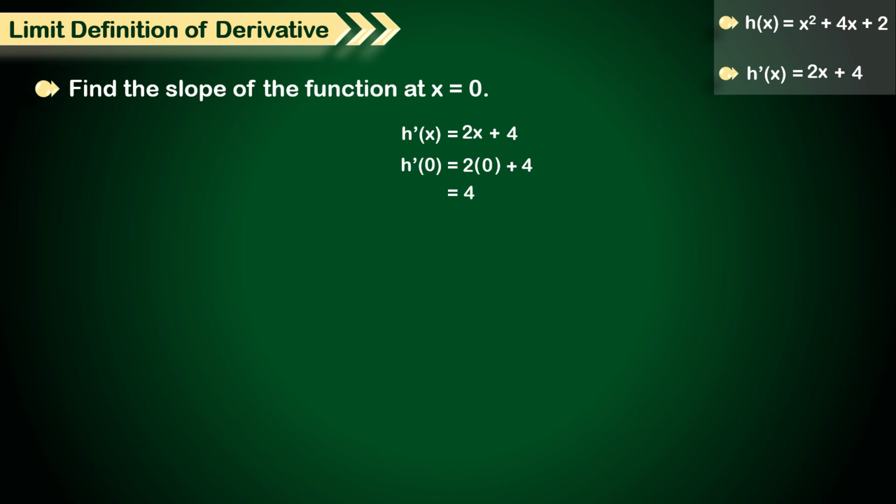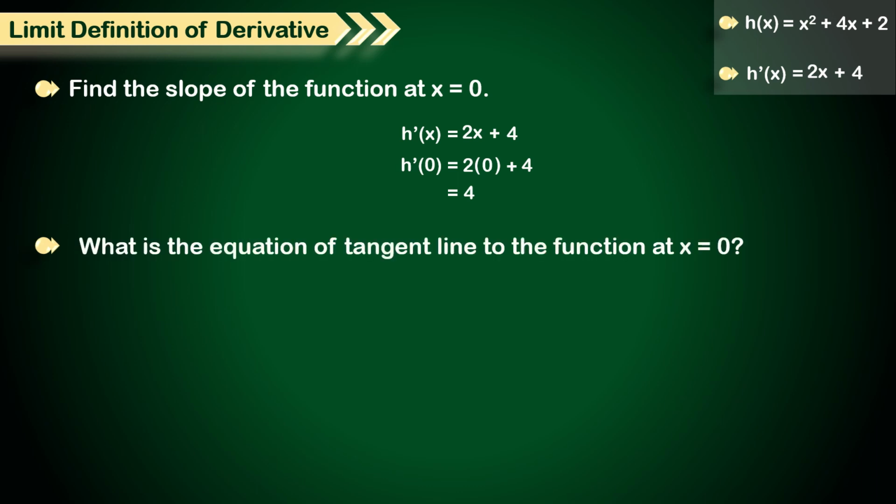Continue. What is the equation of the tangent line on the function at x equals 0? Again, use point slope form to find the equation of the tangent line. In this example, only the x coordinate and slope are known. To utilize this equation, we need the y coordinate.